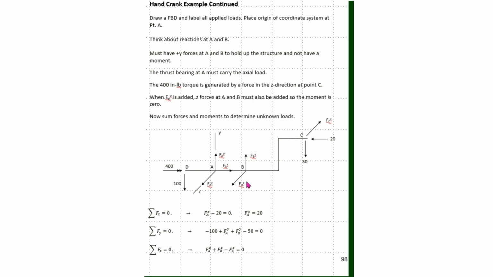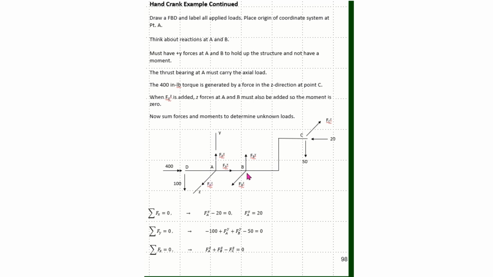FBZ. And now I know that summation of moments about point B needs to be 0, and with this force trying to spin me about the y-axis like this, I will likely need to have a force going in the Z direction, in the negative Z direction here. However, I've chosen to list this as FAZ in this positive direction, and we'll see what happens with minus signs.